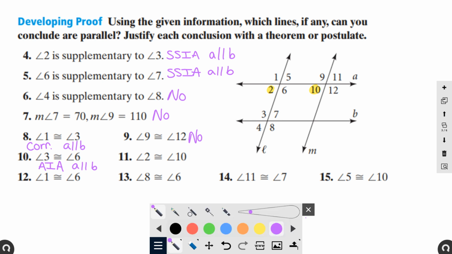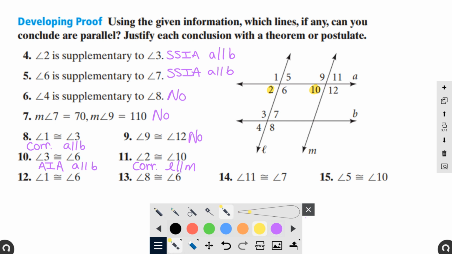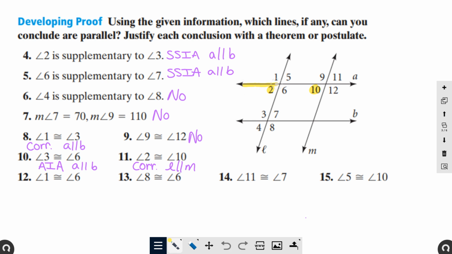Which lines are parallel now? L and M are parallel because you had to change what direction your paper went. And if you also trace them out, angle 2 is here, angle 10 is here. They're touching lines L and M and A. It doesn't even touch line B.